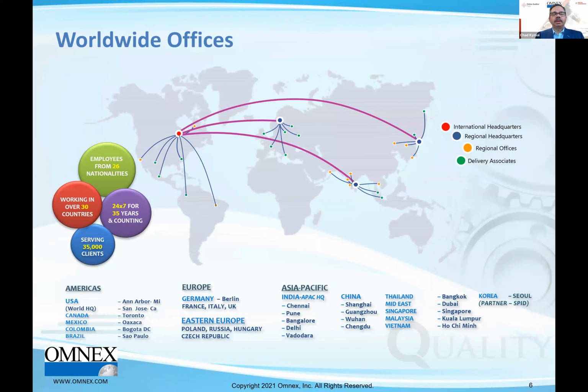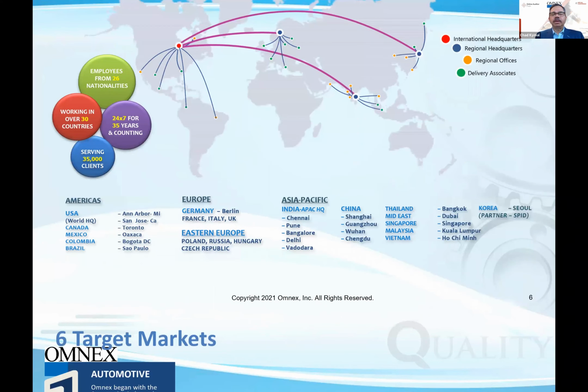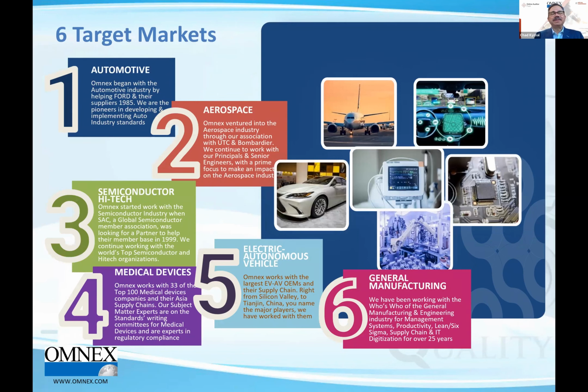Let's move on. A picture of our global offices. And most likely, we have an office near where you are, and we're doing open enrollment or on-site training in multiple places. If you joined this AIAG-VDA DFMEA webinar, you are probably in the automotive industry, but of course, you may be in aerospace or medical devices, which also use FMEAs.